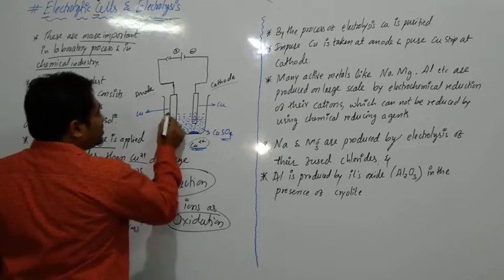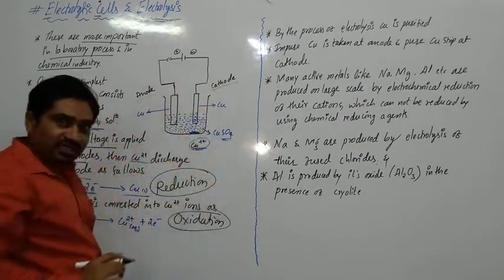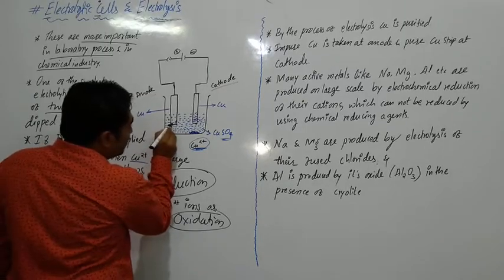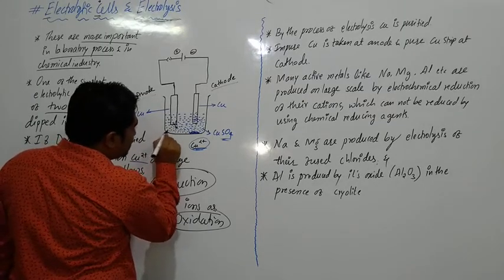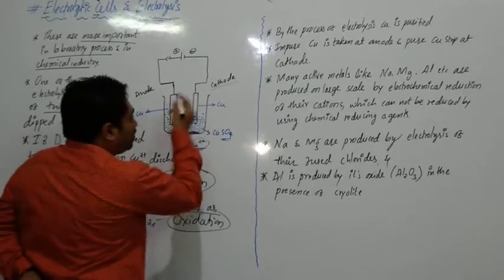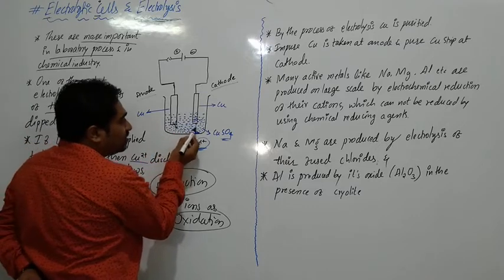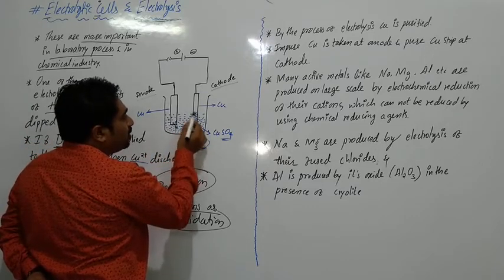The electrons left on the electrode go through the circuit and come like this. So the copper atoms are converted into copper ions and go into the solution. Here a cyclic process takes place: copper atoms are converted into copper ions, and these copper ions are deposited on the copper electrode.